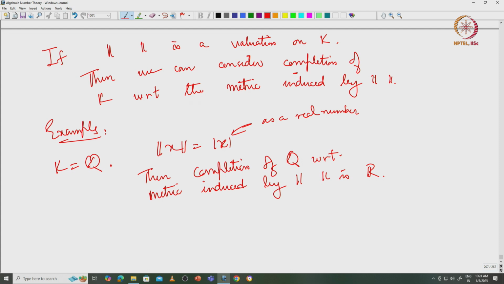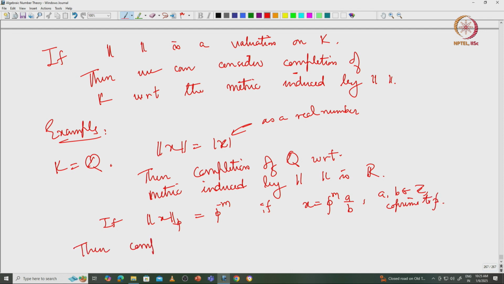Now here is a new concept perhaps for you. So if you take the p-adic metric, this is p to the minus m, if x is equal to p to the m, a by b, where a and b are integers co-prime to p, then completion with respect to this metric is Q_p, field of p-adic numbers.